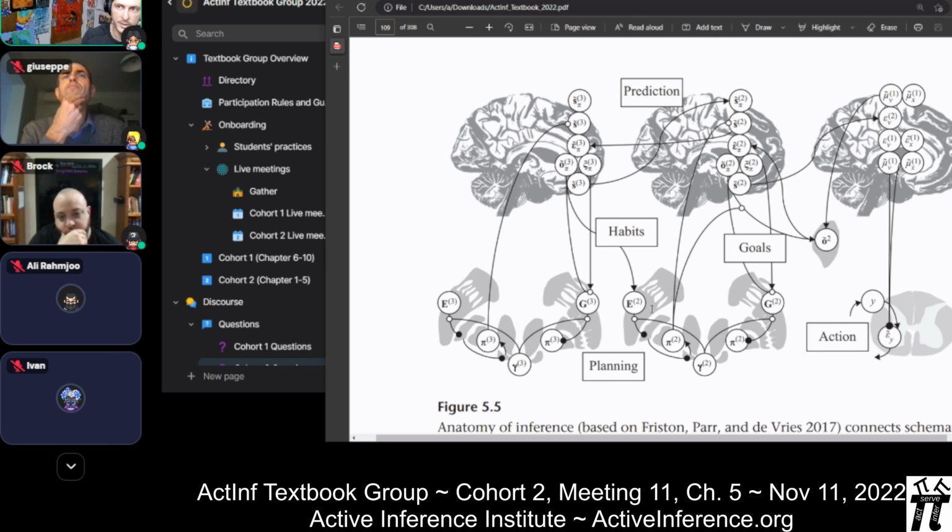This left mode of policy selection is just going to be recapitulating the decisions previously made.